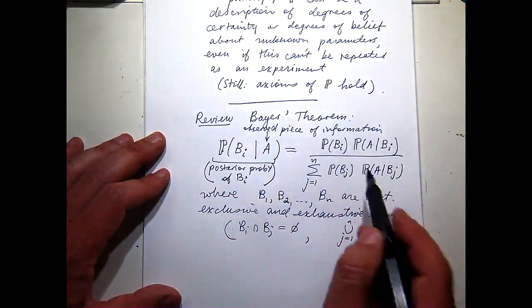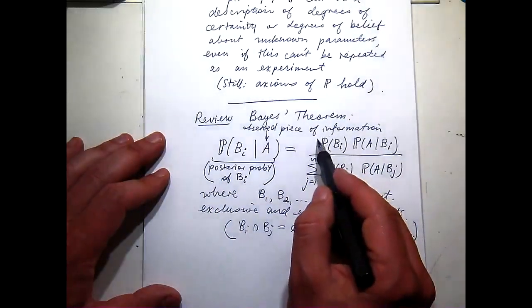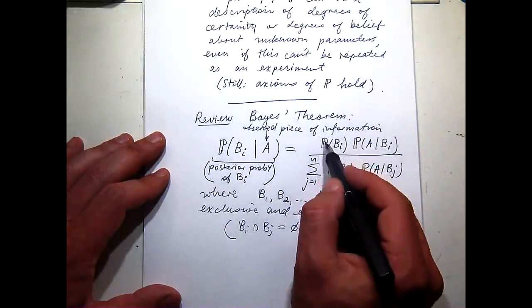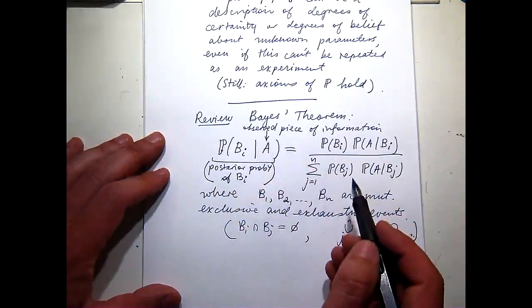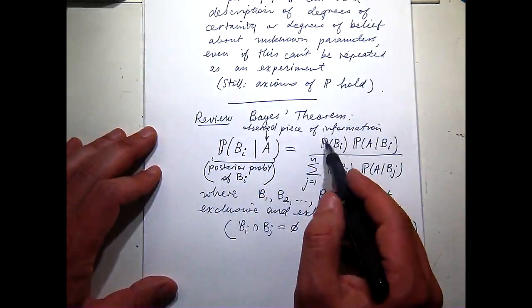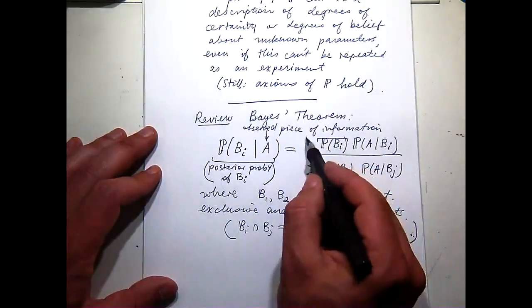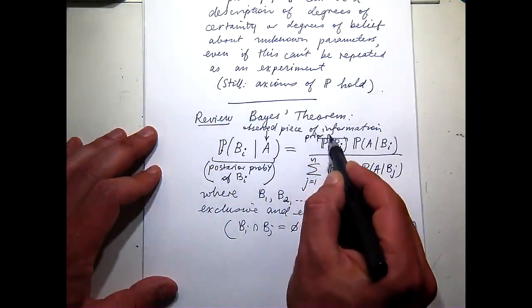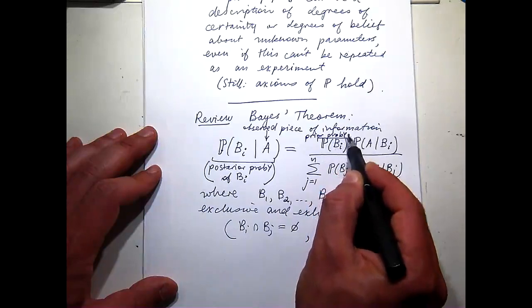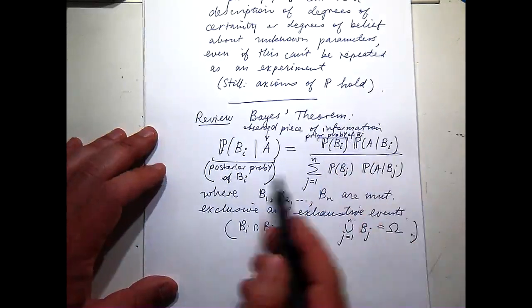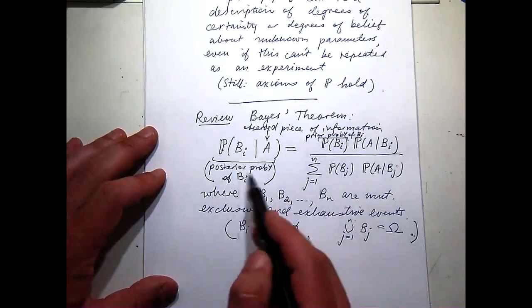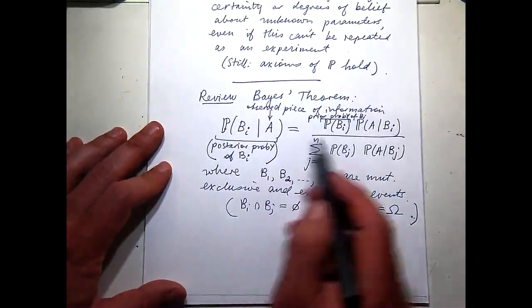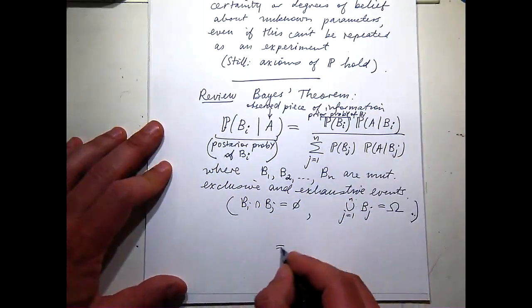And this one has a name, which is the prior probability. So A is the observed piece of information, and P of Bi would be called the prior probability of Bi. To get from the prior to the posterior, you multiply by something. So let's write it that way.